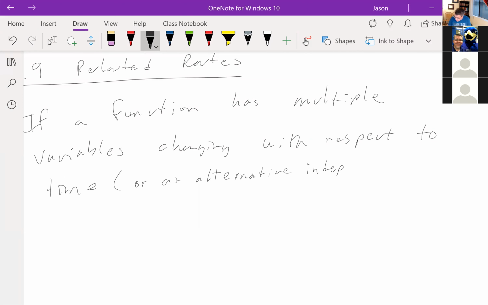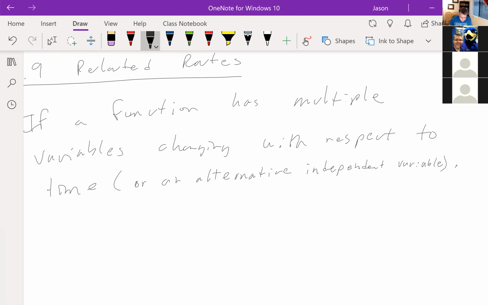But normally it's time that is the independent variable because you can't really manipulate time. It's not always the case, but for the most part, and in this class, the independent variable is going to be time. Everything will depend on time.